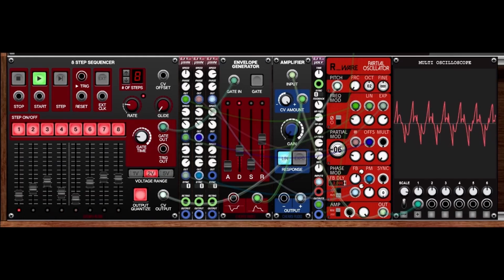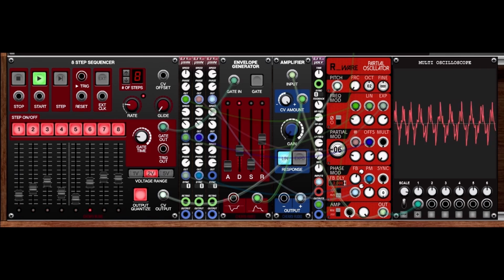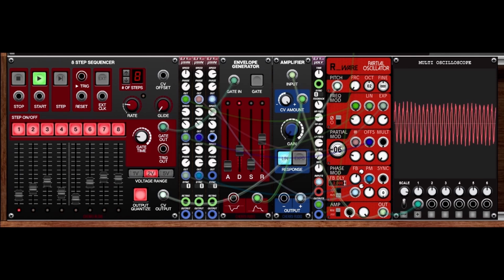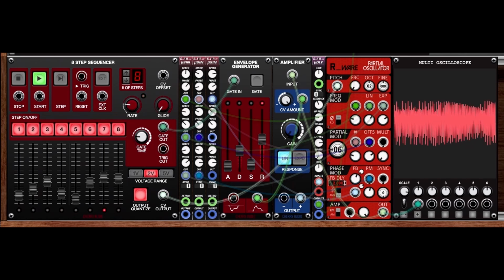The next patch here is already a little bit more interesting and delivers quite a variety of sounds. It's the same sequence as before, but this time all parameters are modulated by LFOs, which run at different rates and with different phase relations, so that we always get different sonic situations.